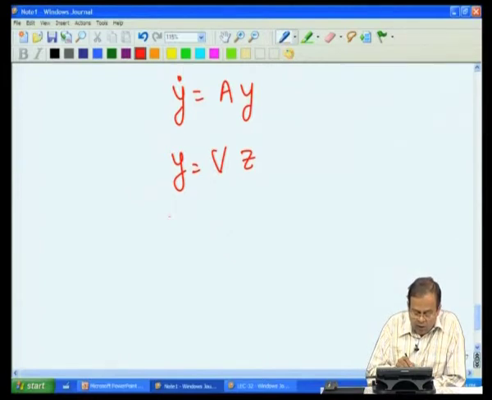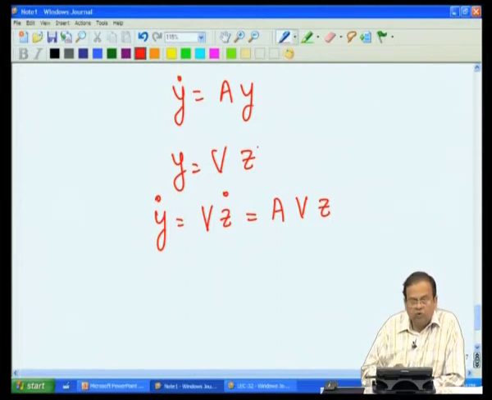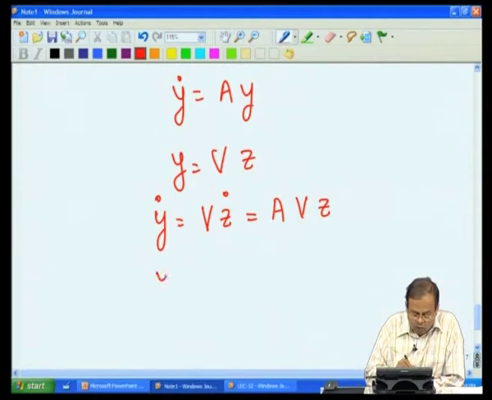Then we get y dot, which is V Z dot, equal to A V Z, by putting y equal to V Z on both sides of this equation. So, what do I get? Let us not worry about y dot anymore.